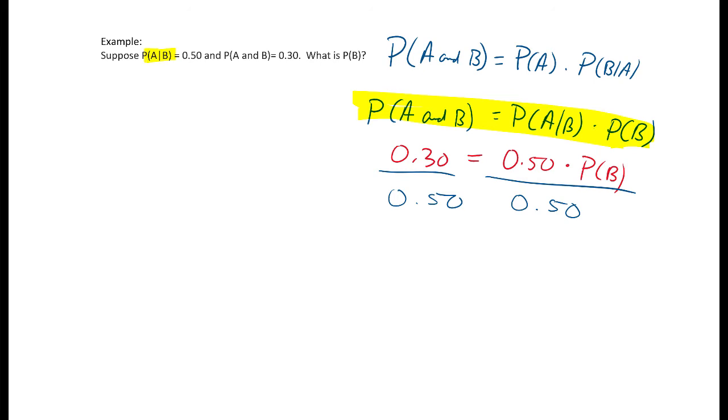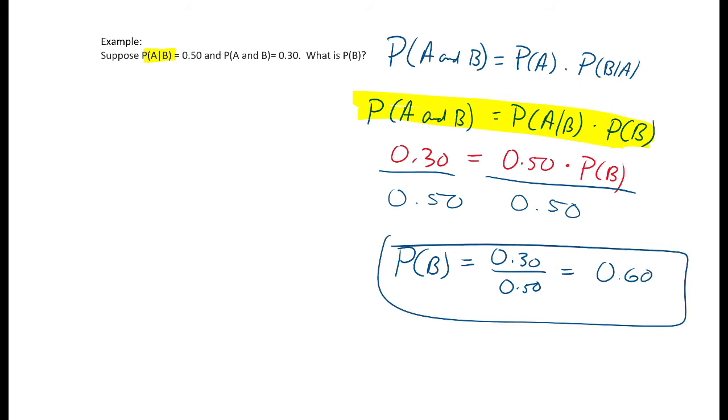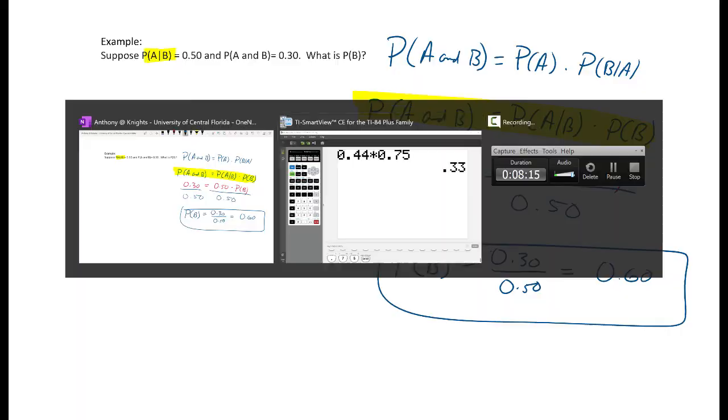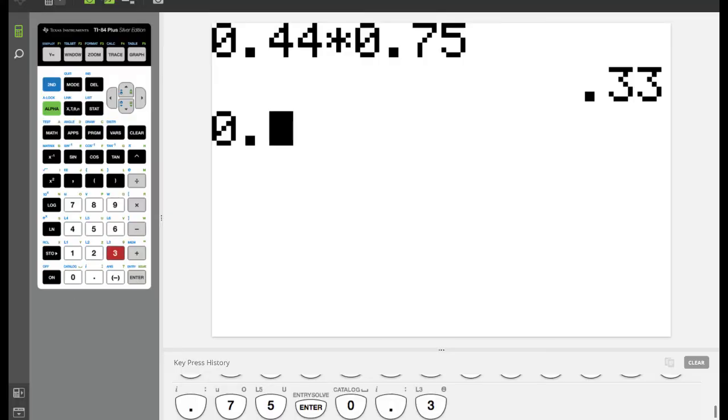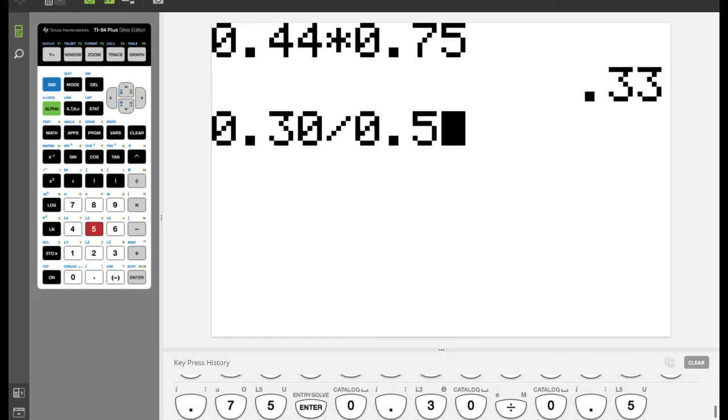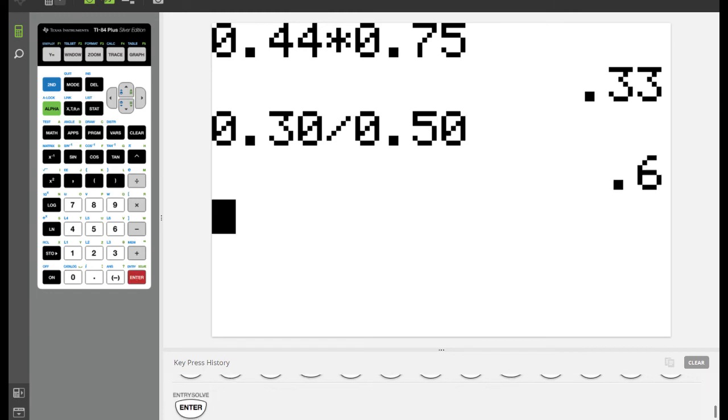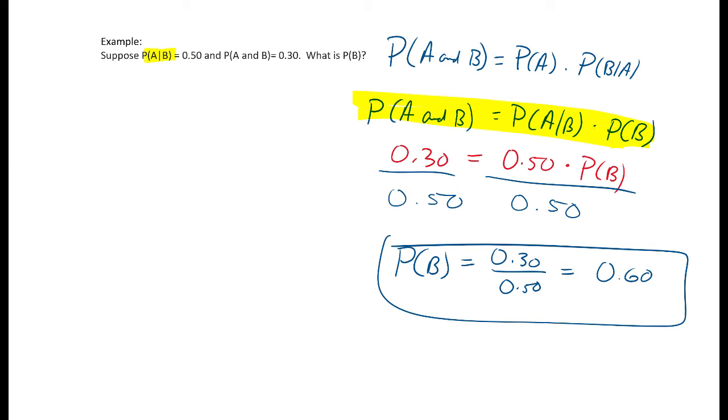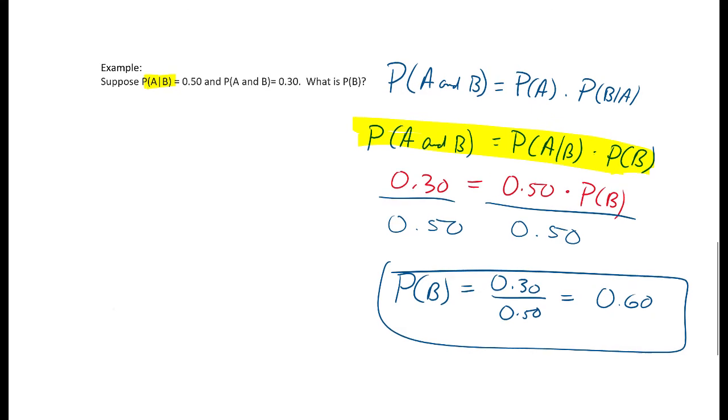And we get that the probability of B equals 0.30 divided by 0.50, which should be 60%, but let me double check that. Let's go to our calculator. 0.30 divided by 0.50. Yep, 60%. So the probability of B in this case is 0.60. Looks like that's all our examples. I will see you guys in the next video.